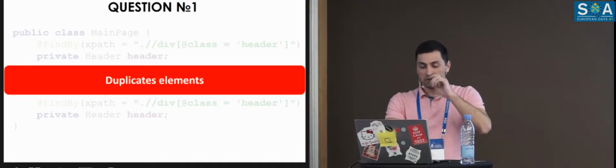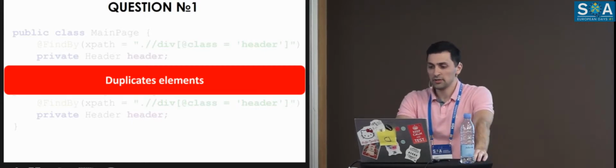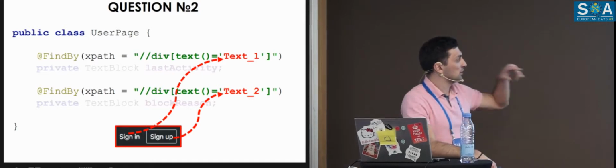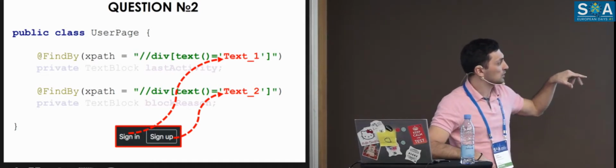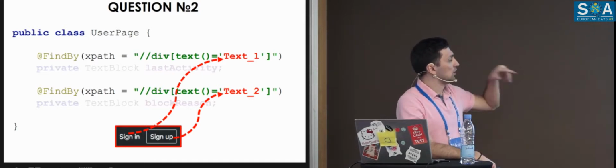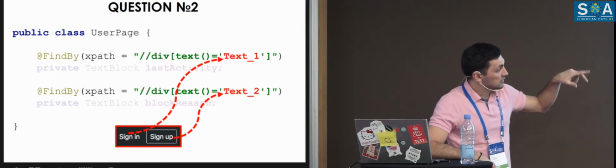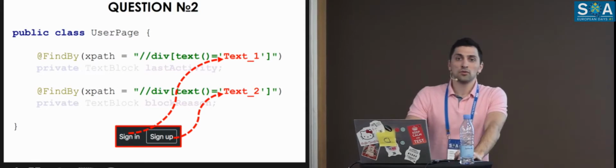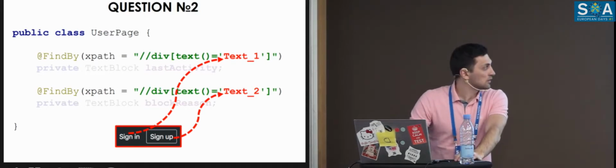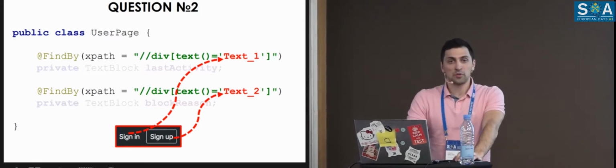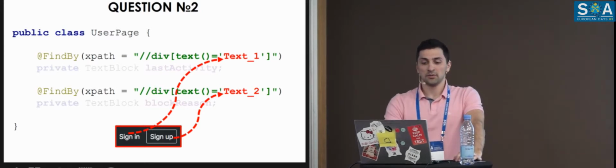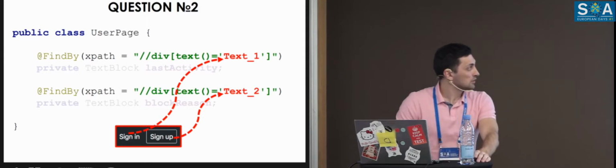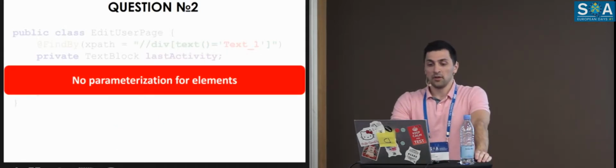The second point which I dislike is that there are many elements which contain similar locators. You see on the slide that the locators are the same but with a little difference. Only the red text is different. And in our page object model we don't have parameterized elements, no parameterization for elements in the current page object model.